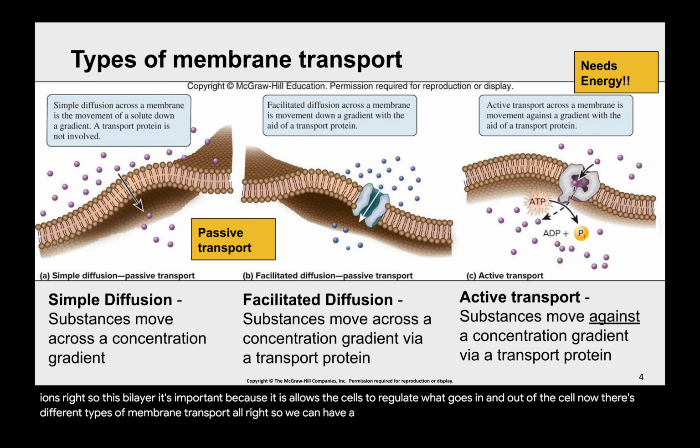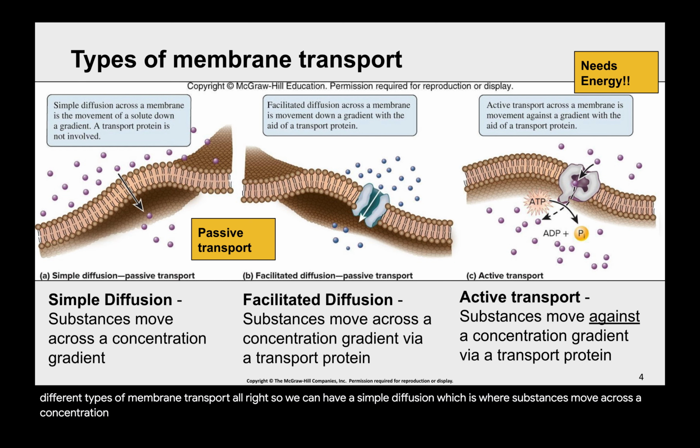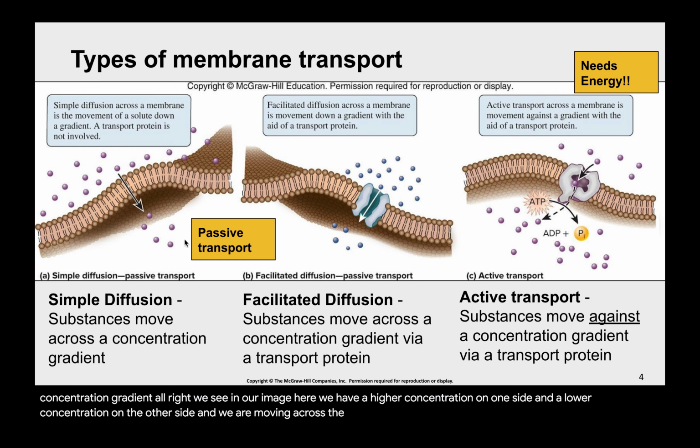So we can have simple diffusion, which is where substances move across a concentration gradient. We see in our image here, we have a higher concentration on one side and a lower concentration on the other side. And we are moving across this concentration gradient from a high concentration to a low concentration. Now the same is true for facilitated diffusion. We're moving across a concentration gradient from high to low.